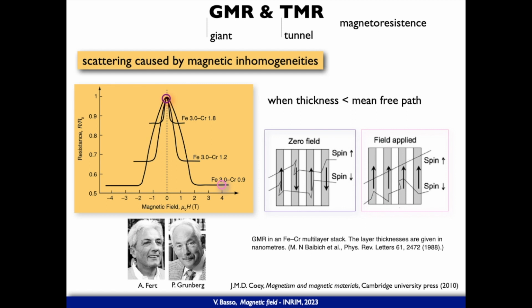The discovery of new magnetic field sensors was a very important discovery for magnetists, for the research in magnetic thin films in the 80s, because two researchers, who also got the Nobel Prize for their discovery, found that if you have a multilayer with alternating magnetization, then you get a resistance which is large, and this large resistance can be decreased if with a magnetic field you make all the magnetizations parallel.